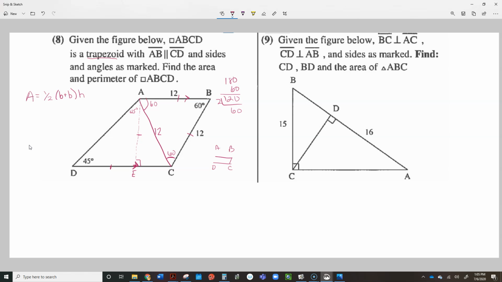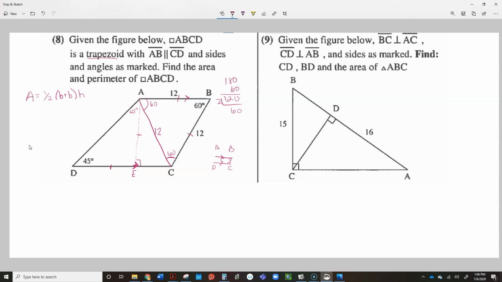Well, we know that these two lines right here are parallel. These are same side interior angles. So this one and this one have to equal 180. So I know that's 120. Now, that may help, except I drew a line right here, and there's really no way for me to know that I just halved that angle.